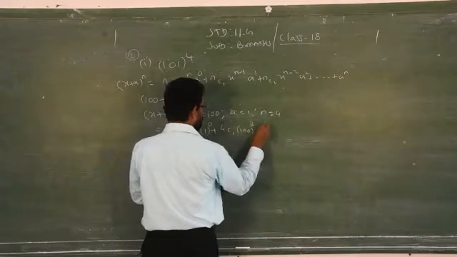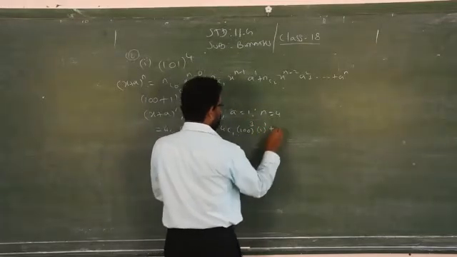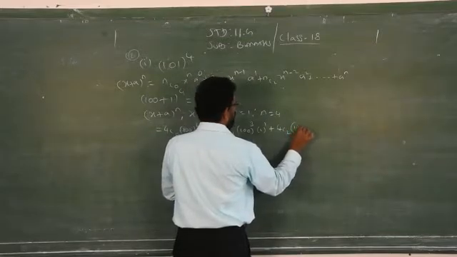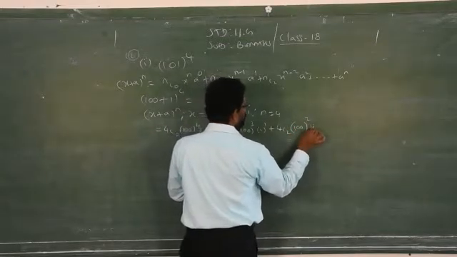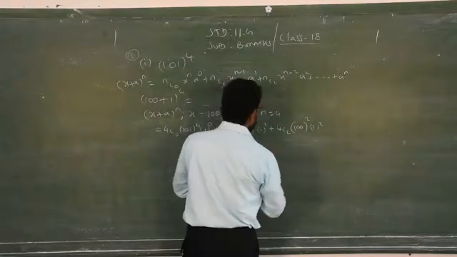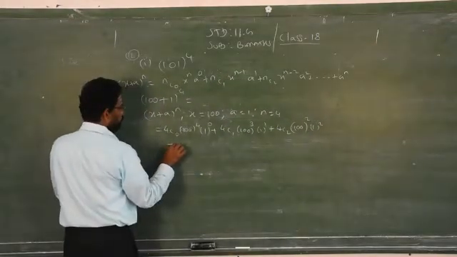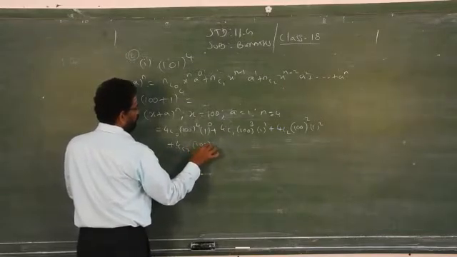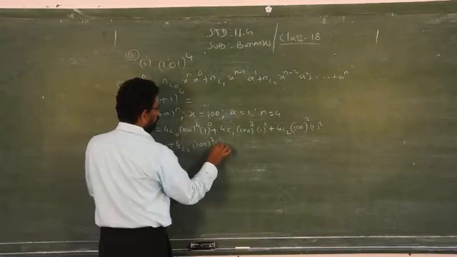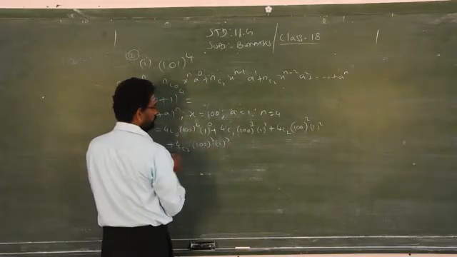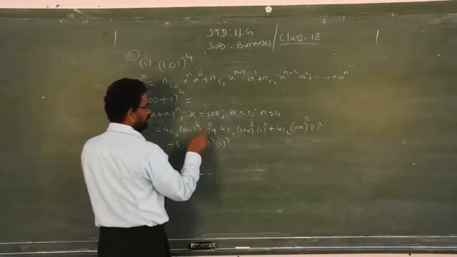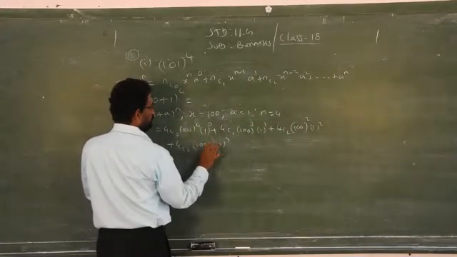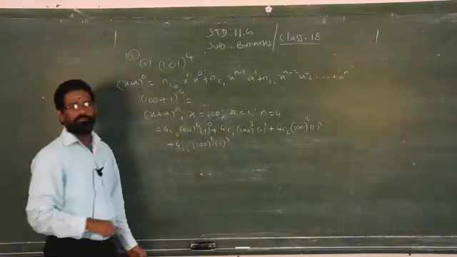So 3 here, 1, plus 4C2 100 power 2, 1 square, plus 4C3 100 power 3, 1 power 3. Is it correct? 4, 3, 2. After 2, what is supposed to come? 1. Yes, very good. Be careful.